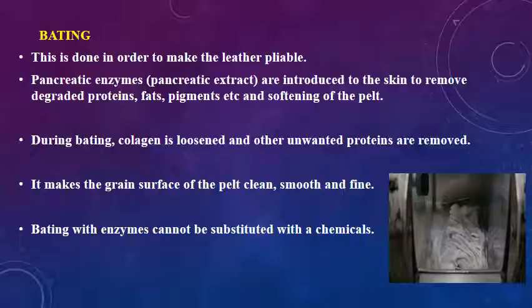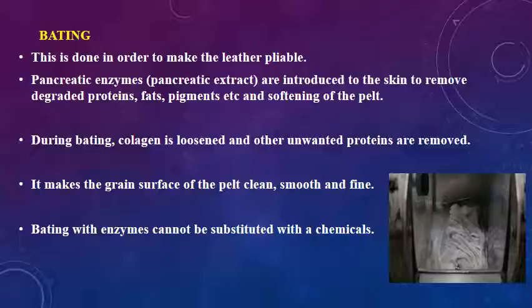When we use pancreatic enzyme or pancreatic extract, the major components are proteolytic enzymes, and also some lipolytic enzymes. Even some other substances will sometimes be removed because of this enzyme. So during baiting, collagen is loosened and other unwanted proteins are removed.